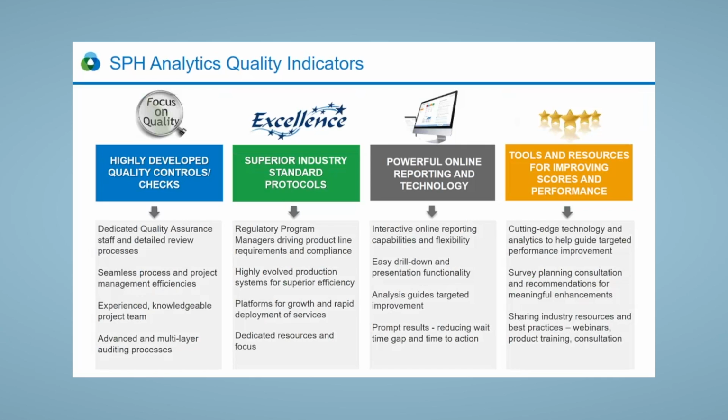We go above the standard requirements with highly involved systems, quality checks, and dedicated resources. We use advanced analytics to help guide targeted and measurable improvement. We are also continually providing tools and resources to help our clients improve scores, performance, and the quality of care.